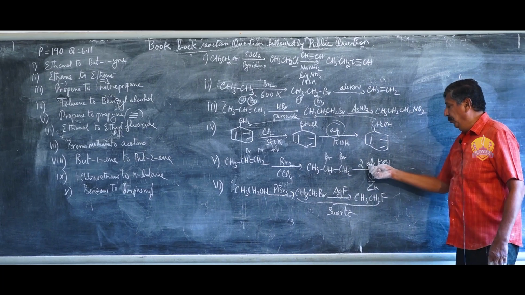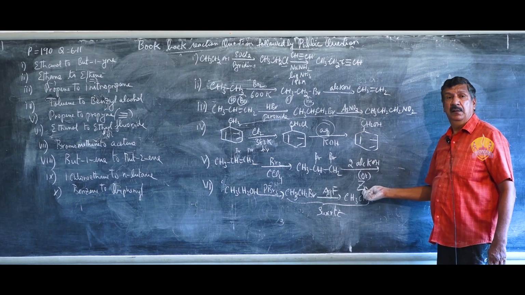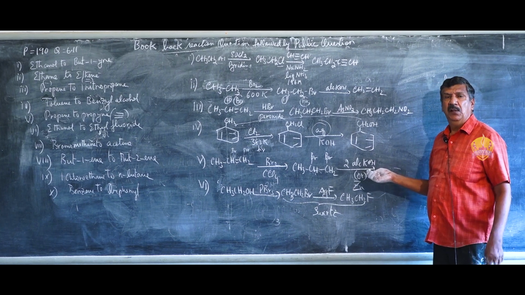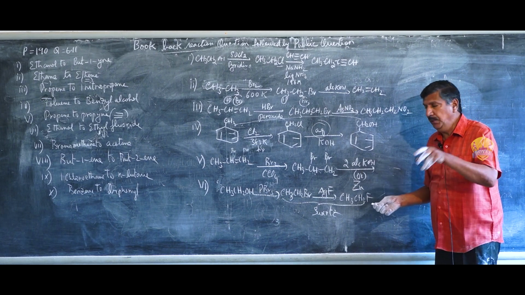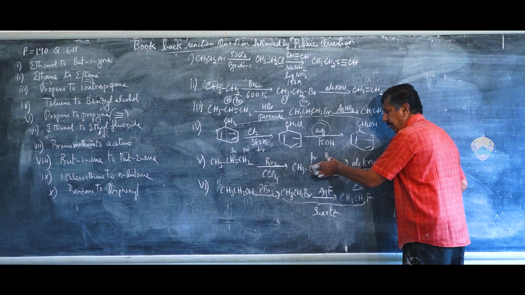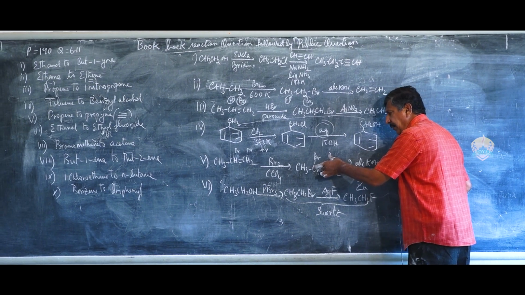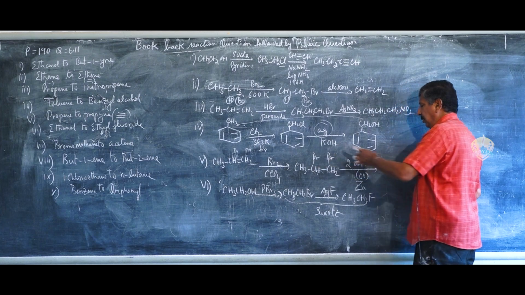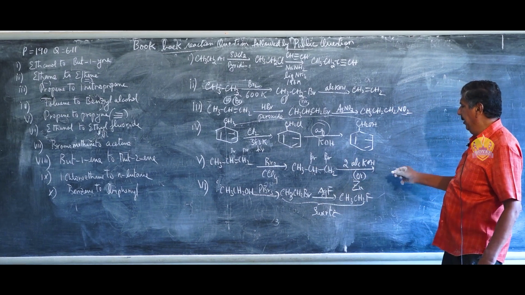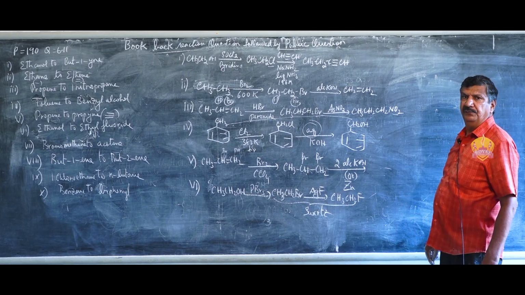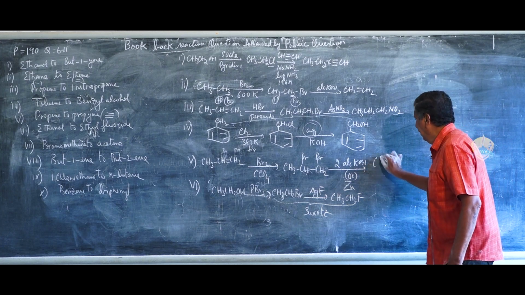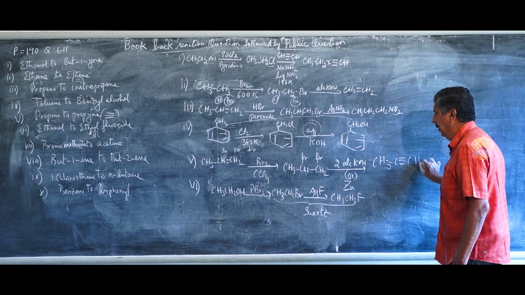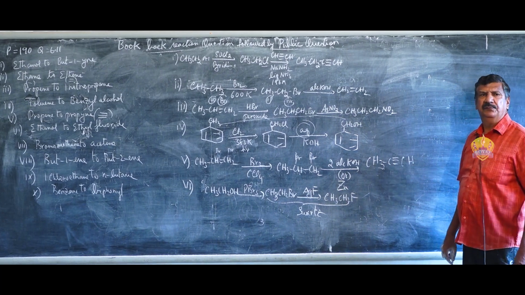Now you have two options: by adding two alcoholic KOH, one alcoholic KOH removes this HBr, and the other alcoholic KOH removes the other HBr. So automatically you will have a triple bond like this. That's all.